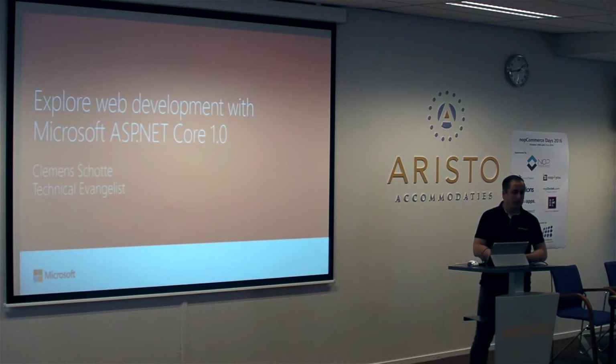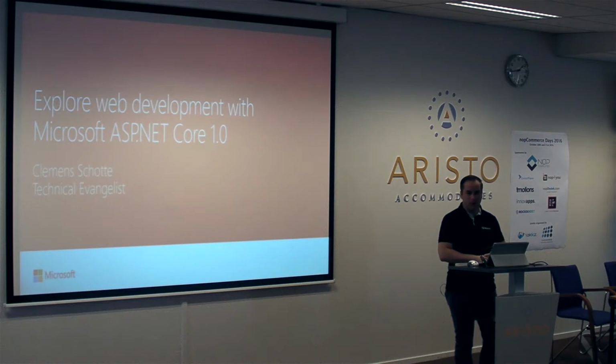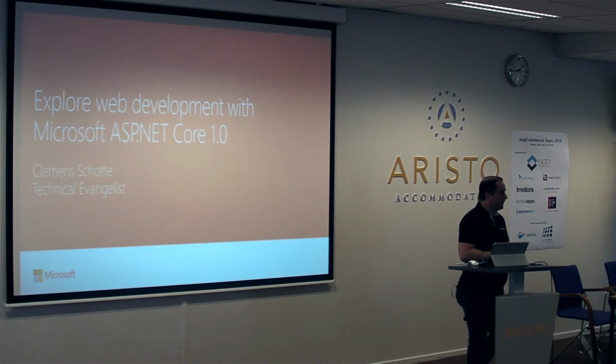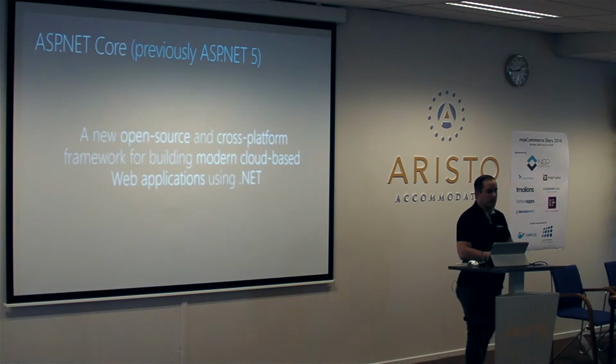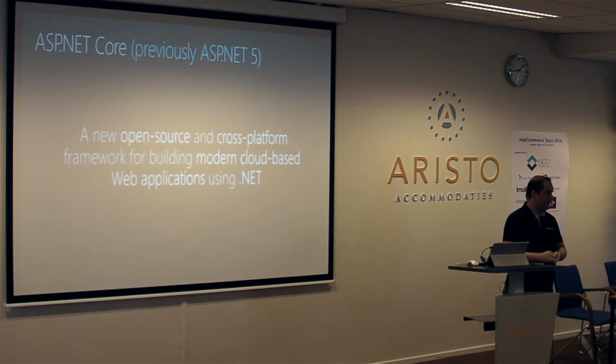And in this talk we're going to explore a little bit about ASP.NET Core 1.0. ASP.NET, of course, you already know, but ASP.NET Core is a little bit different. What is ASP.NET Core? Previously we called it ASP.NET 5, but I think that was the wrong name, because then you think, that's the next version.